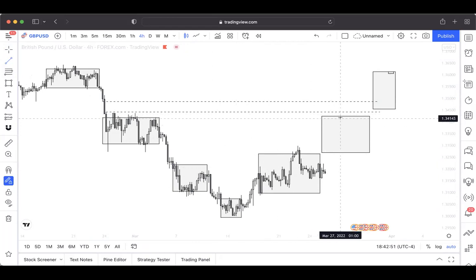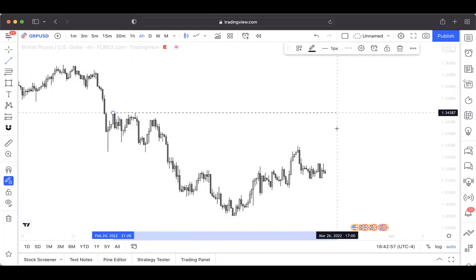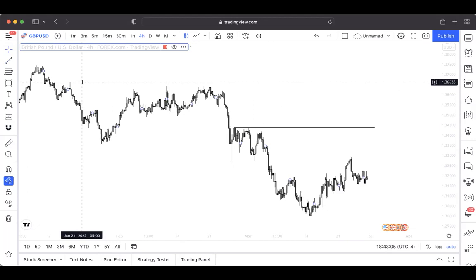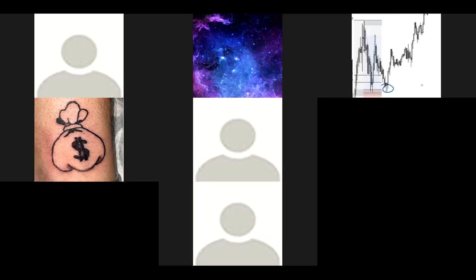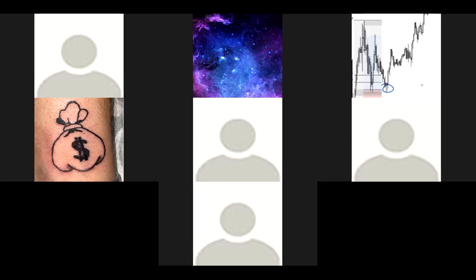So you can imagine this is pulling the price here. We can obviously say this is also equal highs right there. It has to push higher, and the equal highs are just below the fair value gap.